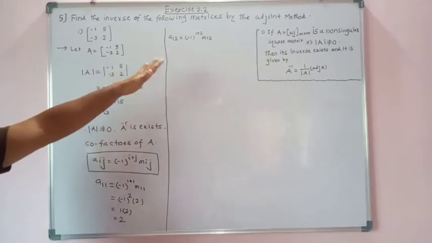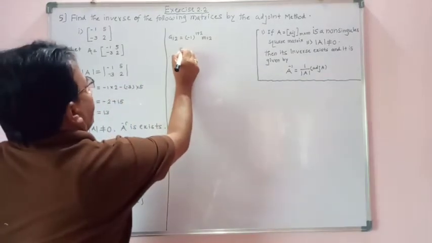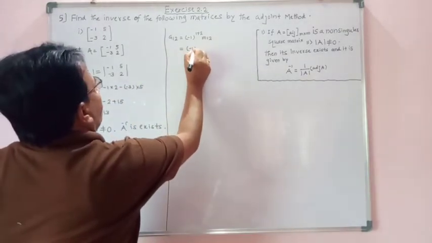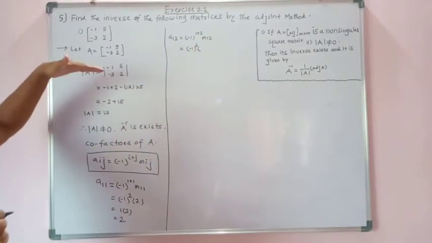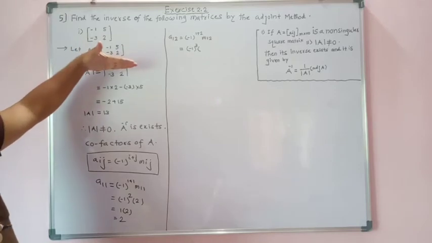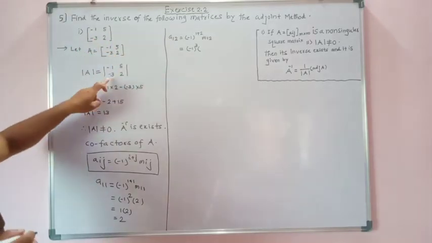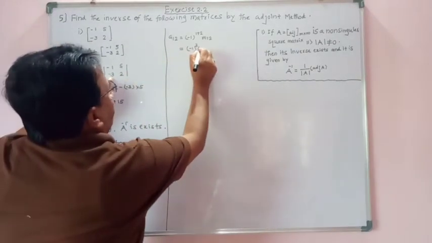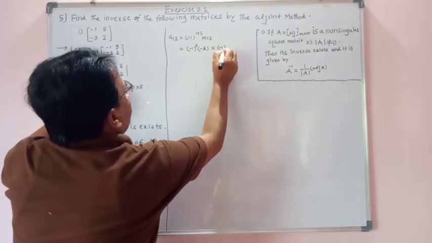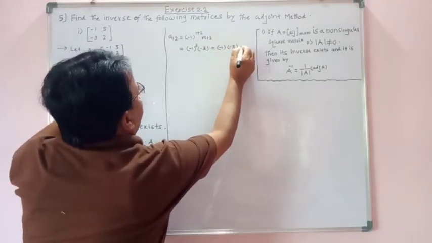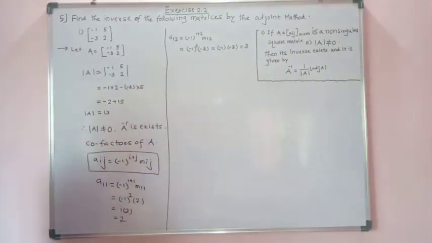Therefore -1 raised to 1 plus 2 is 3, into M12. What is the value of M12? Leaving off first row, second column, this minor is -3. Therefore -1 cubed is -1, into -3. This product is plus 3.